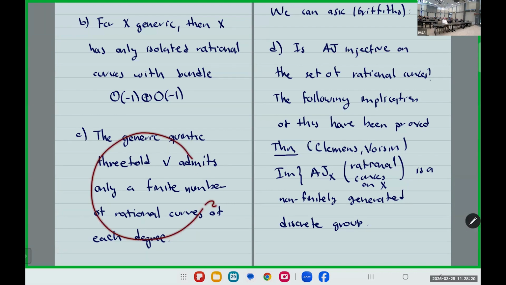Also, I think we can ask what kind of conditions on the curves intersecting the boundary divisor you should impose in order to have only a finite number of curves in the log Calabi-Yau case.